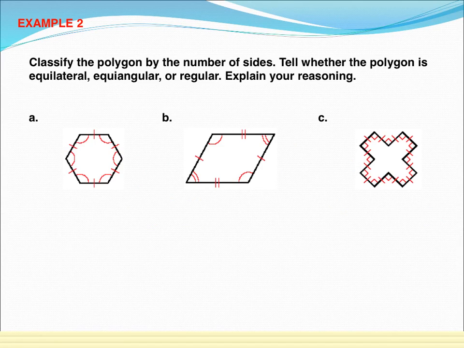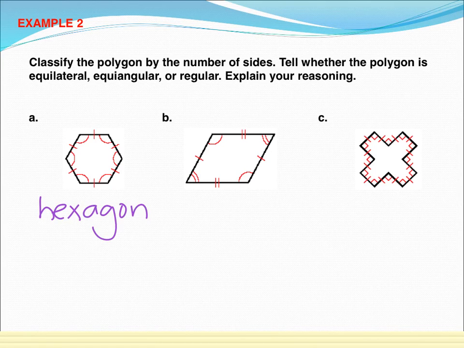All right, now it says classify the polygon by the number of sides and then tell whether the polygon is equilateral, equiangular, or regular, or none, and explain your reasoning. So what does equilateral, equiangular, regular mean, basically? All right, so A is what? How many sides? 6 sides, which makes it a hexagon.